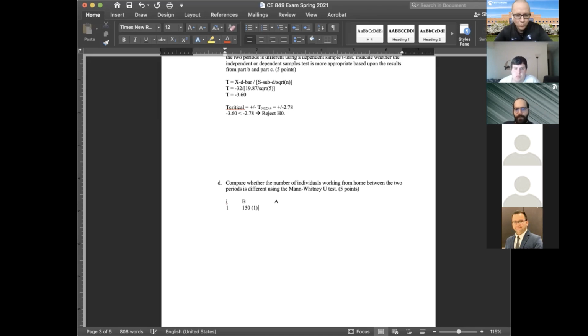And so I'm going to assign a 1 there. That same zone showed 215 telecommuters during the after period, and so that was the 5th ranked case. And we can go through similarly for each of these instances. And I'm just showing what the corresponding ranks are in parentheses immediately after these numbers.